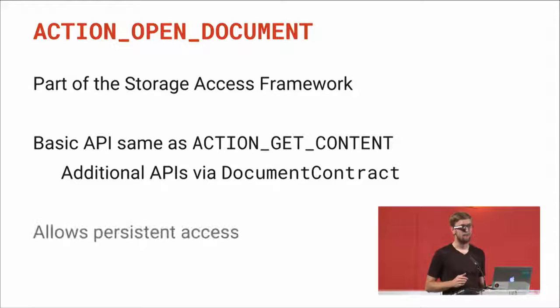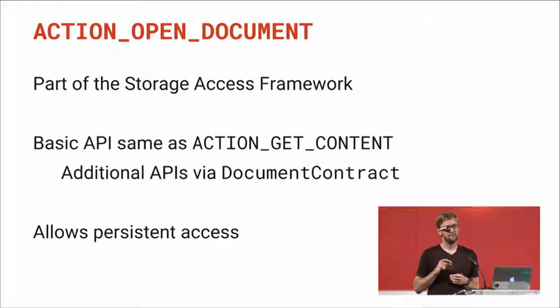And better yet, all of these URIs have the ability to be persisted. So it's not just a one-time, oh, I want to read this one file, and then I have to create a copy of it and keep a separate copy for myself. You can say, I want to persist these URI permissions from anything included from the storage access framework. That allows you to have a list of things that go on forever, or track what things you've ever accessed.